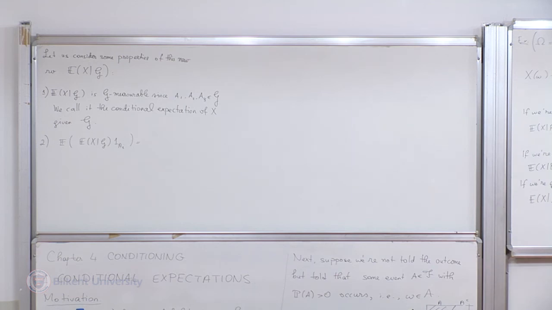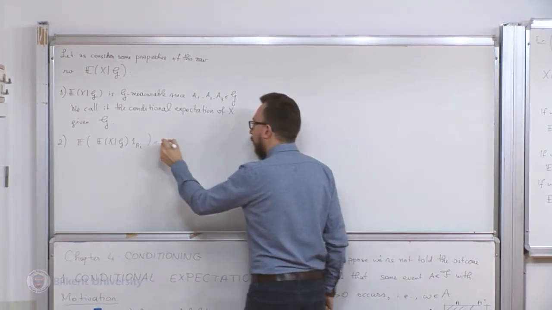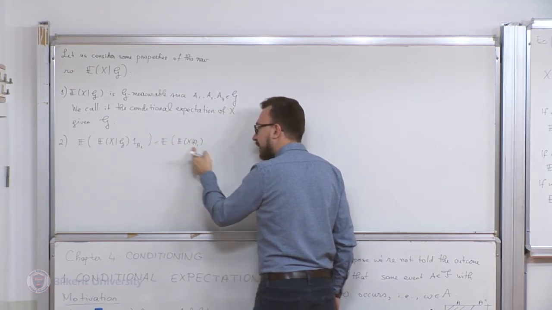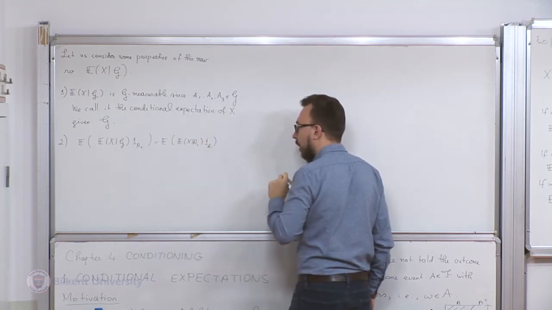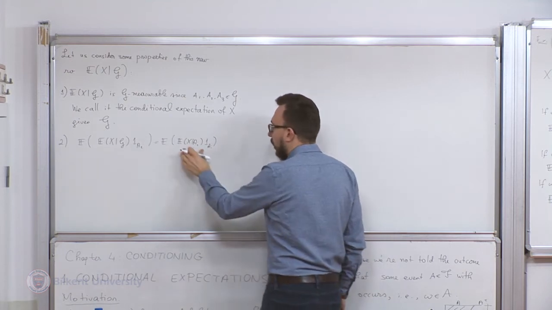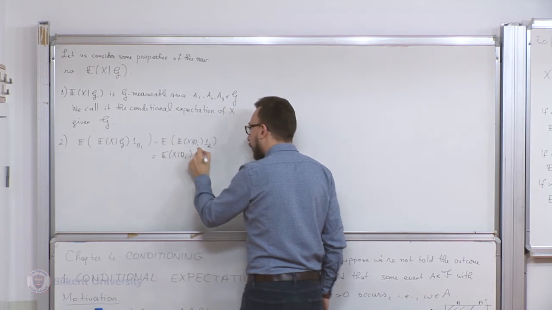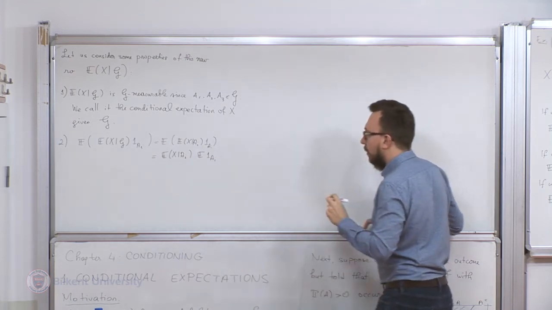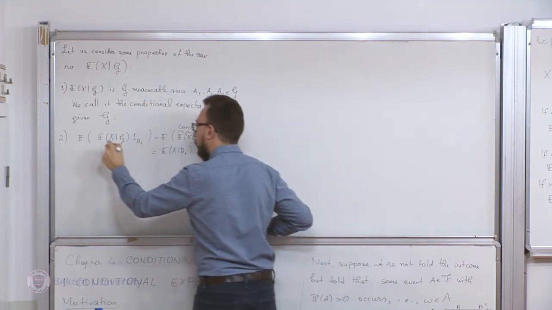Well, if it's Ai, this means its value is expected X given Ai, right? So on this set, it takes the value E[X given Ai]. So now it's a constant. This is a random variable, this is a constant, right? If this is a constant, I can take it out of the expectation and get this, because this is a constant, whereas this is a random variable.